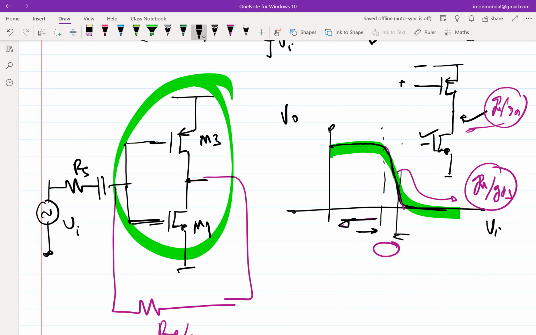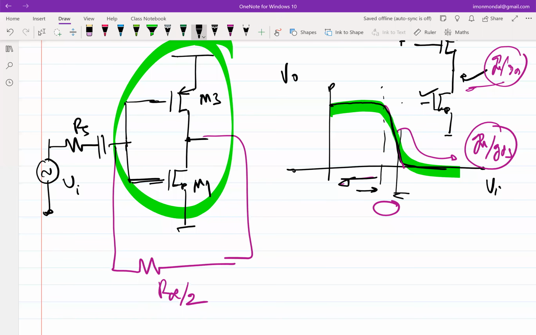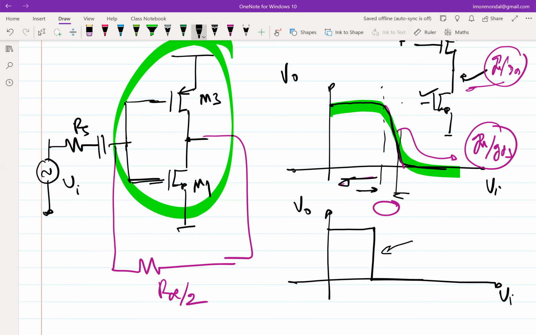Think of an ideal op-amp. What are the transfer characteristics of an ideal op-amp, with finite limits, the supply voltage? It will go like this and fall like this. That's why you get infinite gain: because you have infinite gain, you have no room to move.